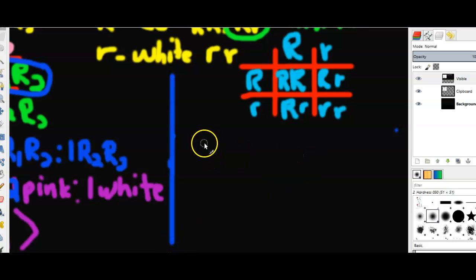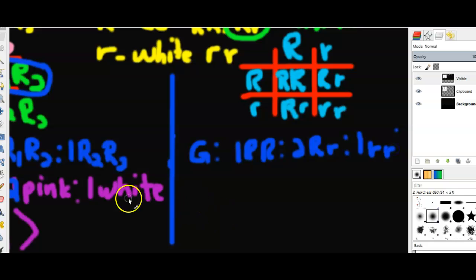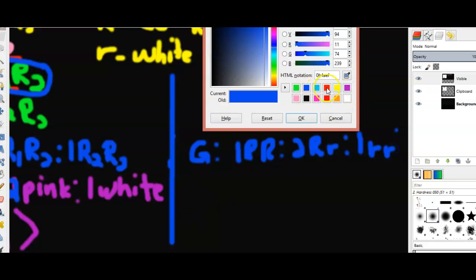Our genotypic ratios, so put them here so we can see them across from each other once I move this over. Genotypic ratios, we're going to have 1 homozygous dominant, 2 heterozygous, 1 homozygous recessive. The purple.